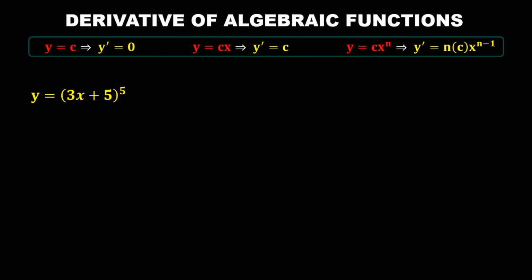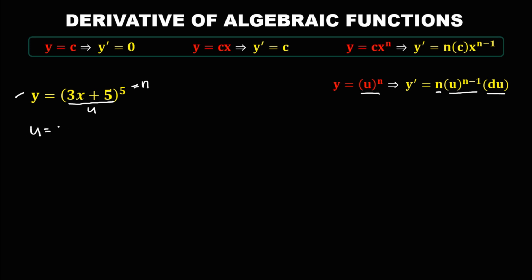Then for this given, to find the derivative using the chain rule, the derivative of u to the power n equals n times u to the power n minus 1 times the derivative of u. So for this given, this is u and this is n.